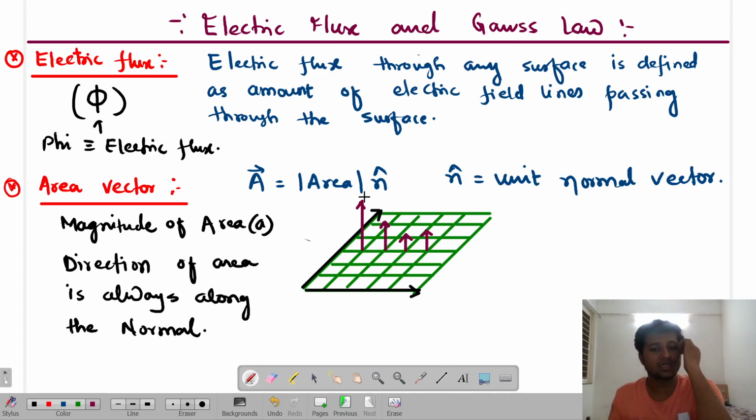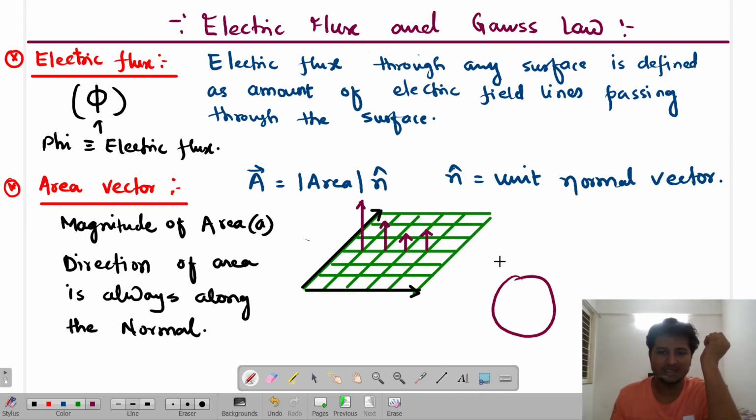And one common property my n cap follows is that it must be perpendicular if it is a planar sheet. And if it is spherical, then the area vector is present like, let's suppose, this is my sphere over here. If you want to draw the normal, you'll have to draw a tangent and then draw the normal vector over there. Are you able to get me or not? Then the area will be along that particular direction. Is that clear?